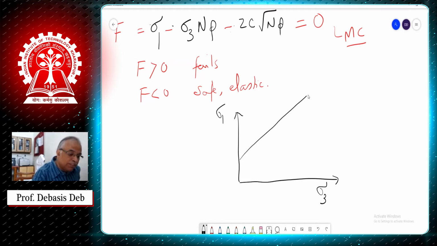See, the Mohr-Coulomb is telling us like this. So as this sigma 3 is increasing, this will increase linearly, right? This is what it is telling us. This will increase linearly, like this.